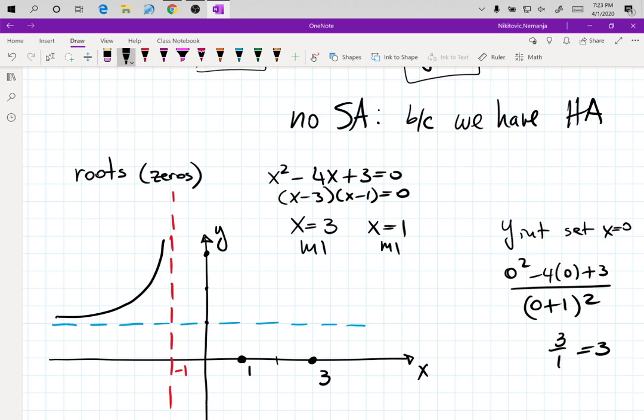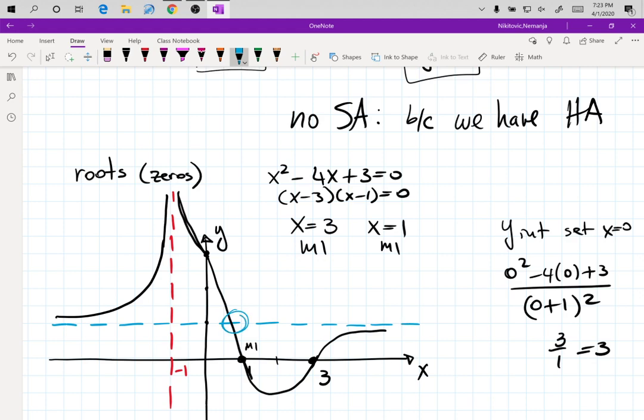So the function is going to go from the top down, bend back, because that has to be one root, that has to be one root, so it's going to pass through directly, and then it's going to bend to follow the asymptote forever.